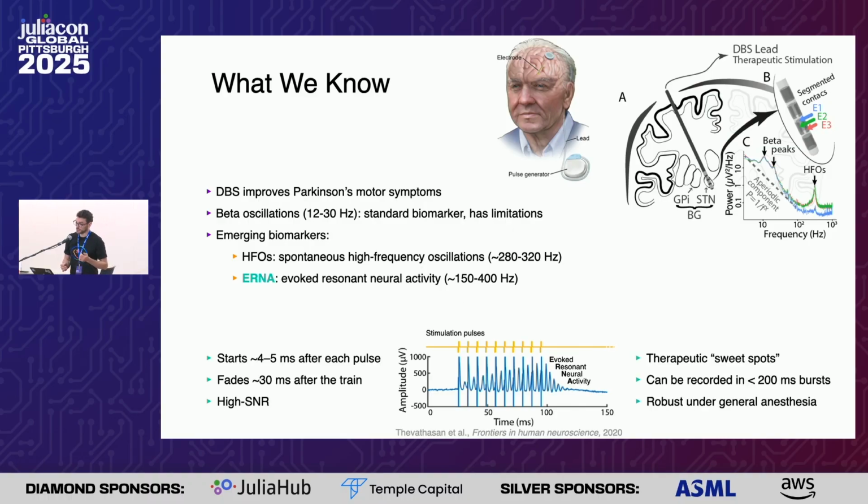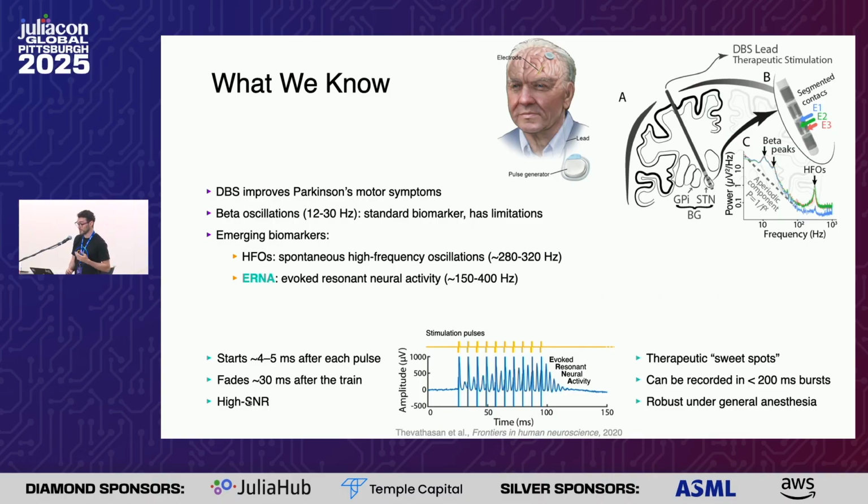So ERNA are some transient oscillations that emerge about 4 to 5 milliseconds after each pulse. Their amplitude builds progressively with the train of pulses, and then decays after the end of the stimulus, around 30 milliseconds after the end of the stimulus.